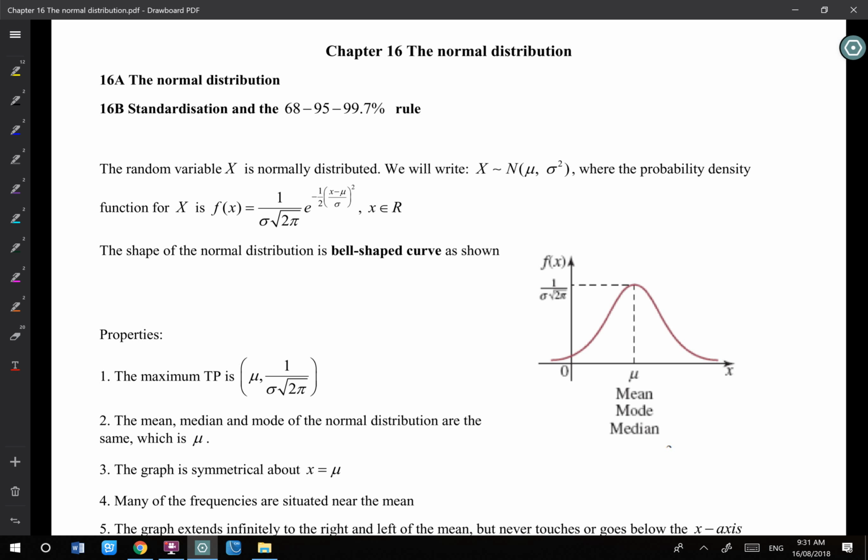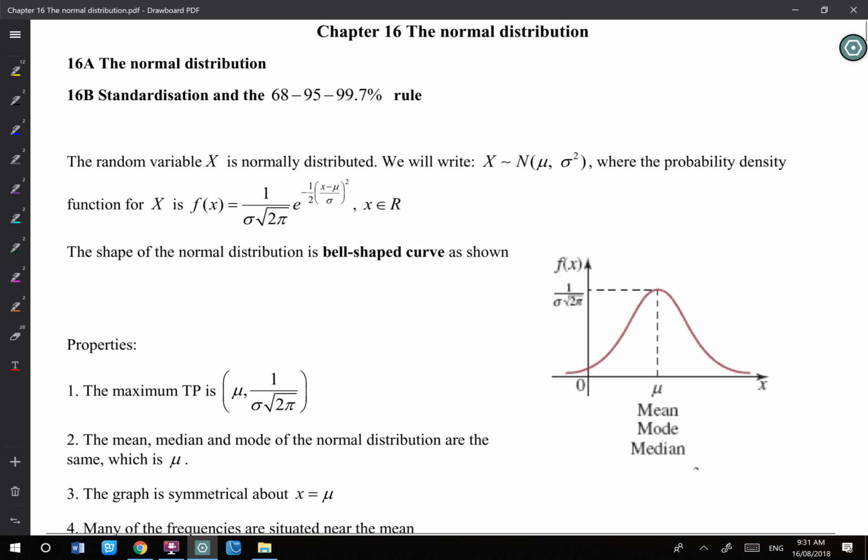Then for normal, I said it's special, so it must be very special to think about the mean and standard deviation in this type of distribution. So what is a normal distribution? The random variable x is normally distributed. This is the notation.